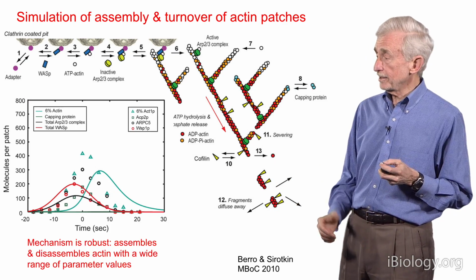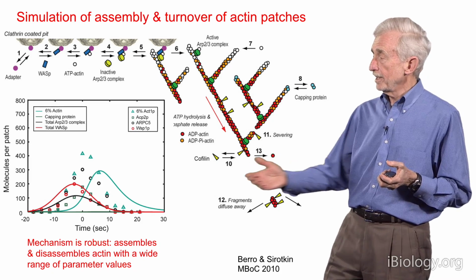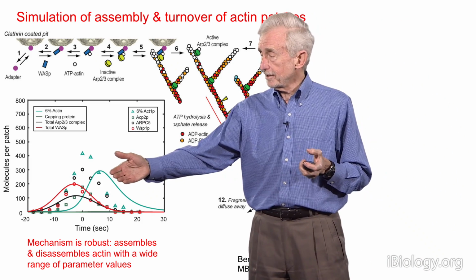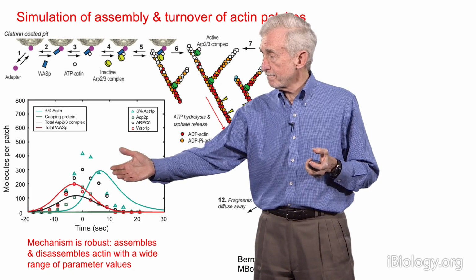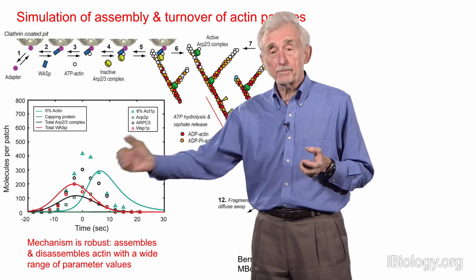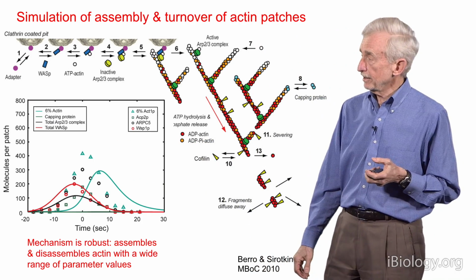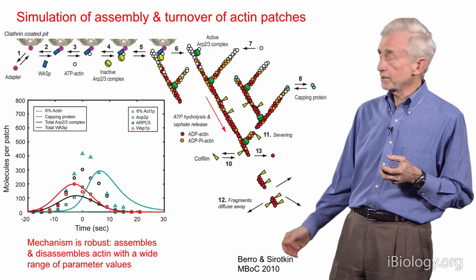So the whole process is robust in the sense that you can vary the assumptions quite a bit, and you still get assembly and disassembly of actin. However, as you will notice in this diagram, the timing and the amplitude of the accumulation of actin is different from the experimental measurements.